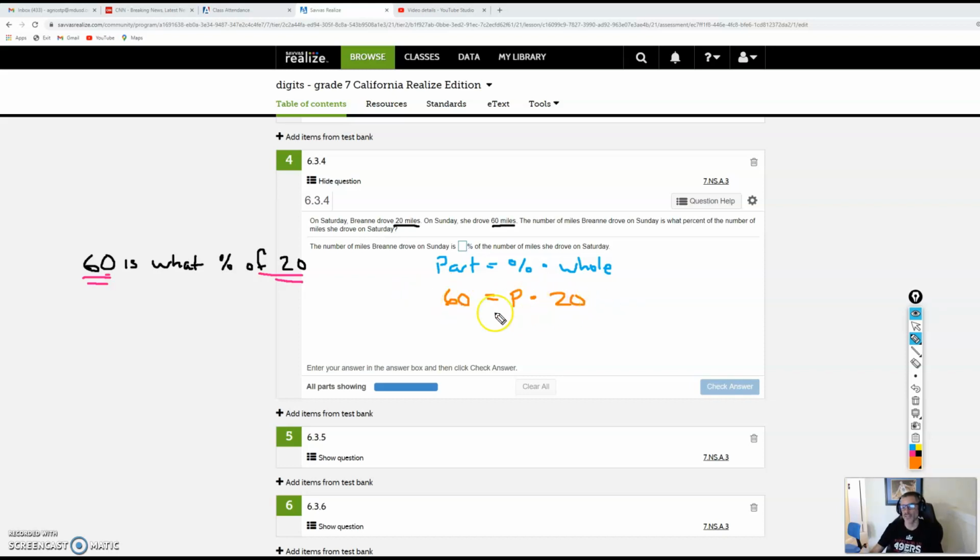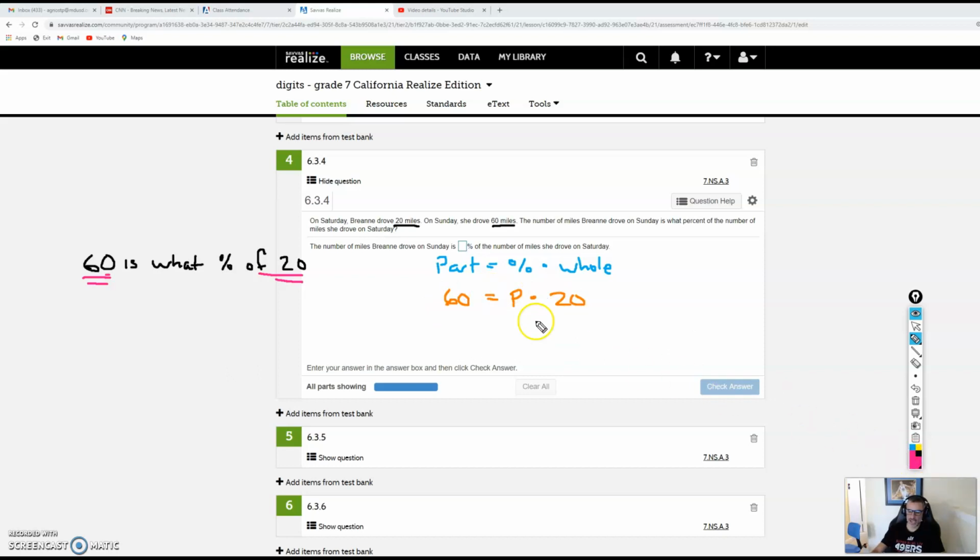And let's think about why this equation makes sense. 20 times some number, the percent, is going to equal 60. And again, 60 is bigger than 20. And this whole unit, or this topic, is about percents greater than 100, right? Well, this is a one-step multiplication equation. P times 20 is equal to 60.